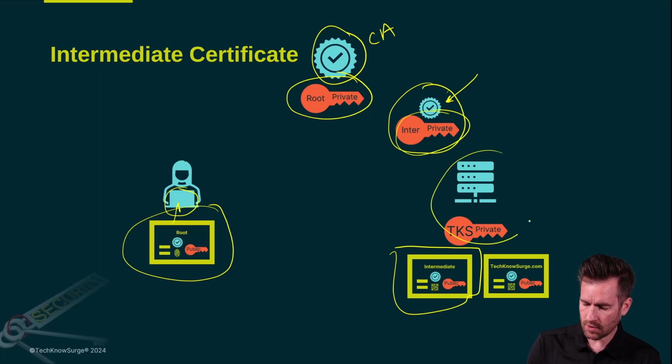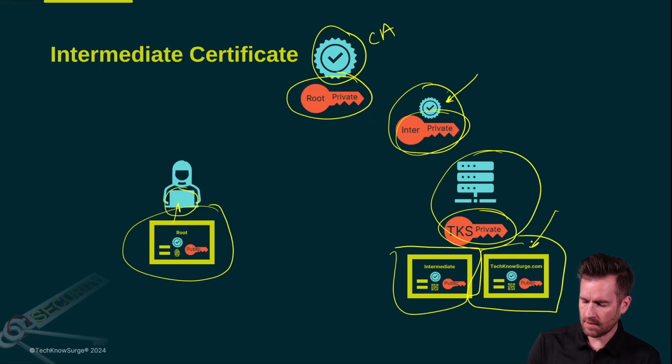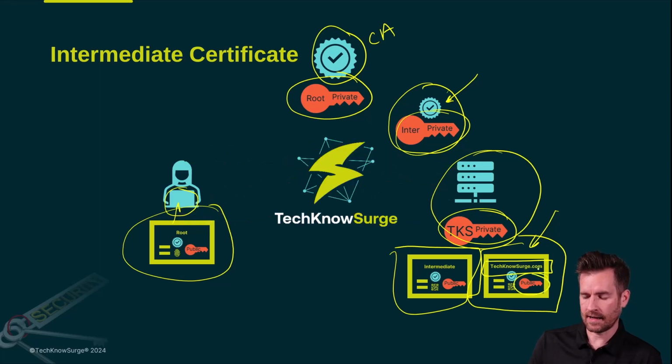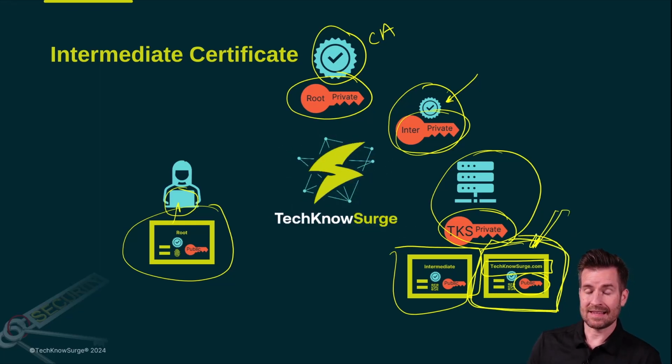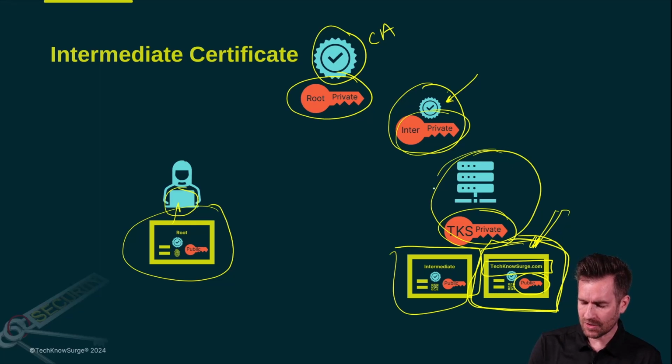Same thing, the TechKnowSurge website also has its own private key and has submitted a CSR to get a certificate specifically for TechKnowSurge.com that has the public key on it. When the TechKnowSurge website downloaded this certificate and installed it on the machine, it also installed the intermediate certificate as well.